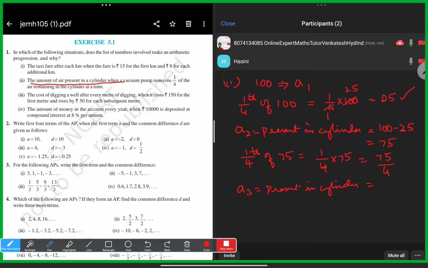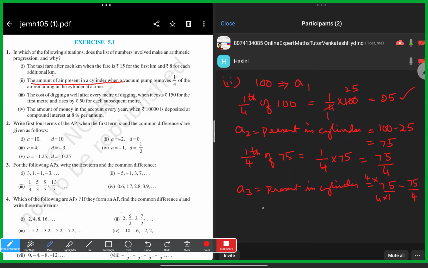Before this step it was 75, in that 75 by 4 is removed. In every situation we are finding the air present in the cylinder only. So A3 is 75 minus 75 by 4, with 75 as 75 by 1 into 4.